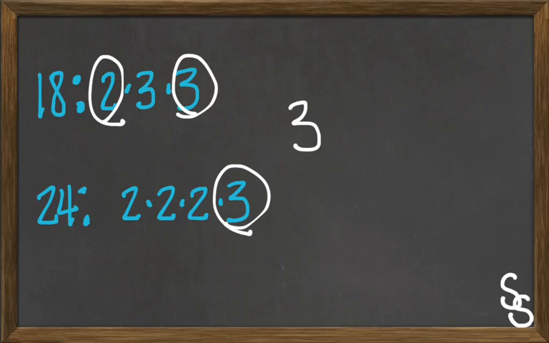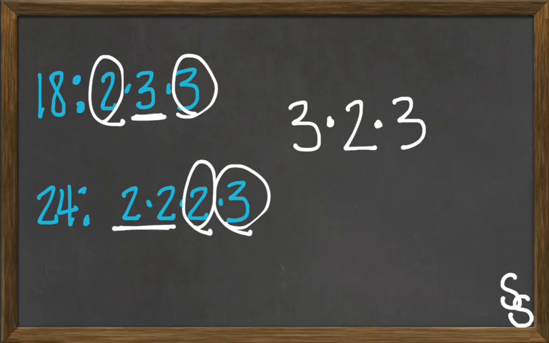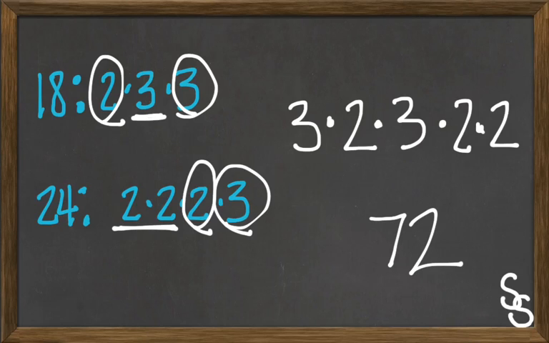They also have a 2 in common. Now I look and there's an extra 3 and 2 more 2s. If I multiply all of these together, I'm going to get the least common multiple. In this case, the least common multiple is 72, or 9 times 8.